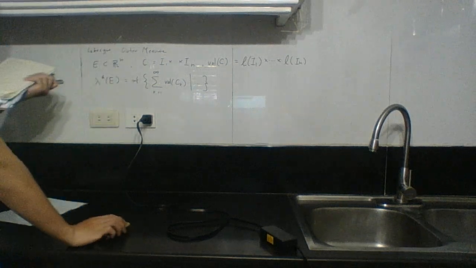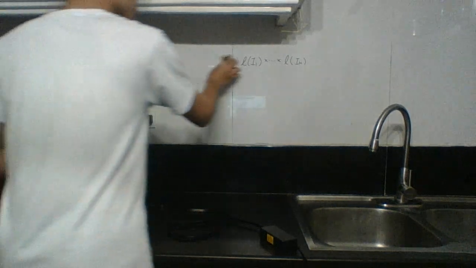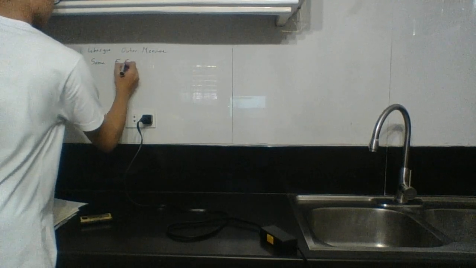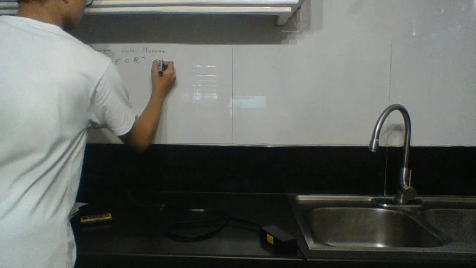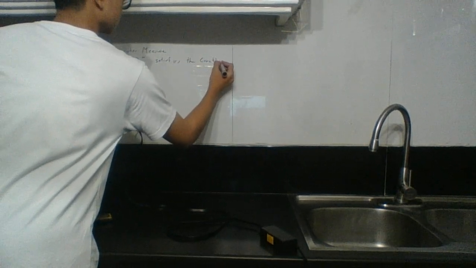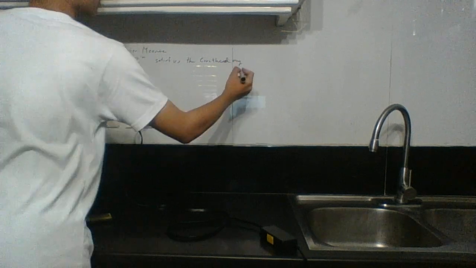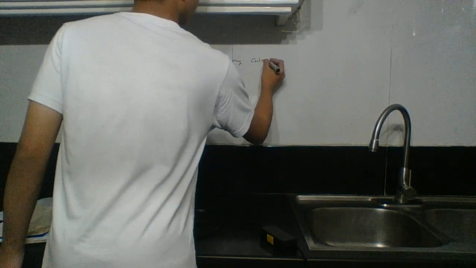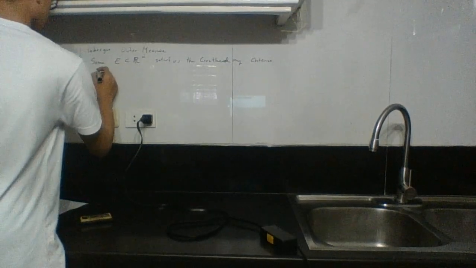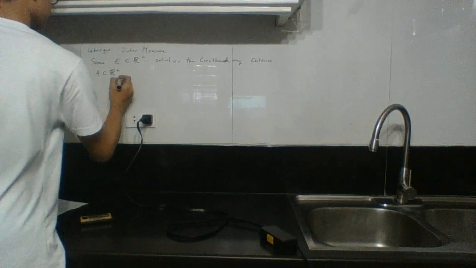Now, lastly, we want to state that there are some subsets E of R^n that satisfy something called the Carathéodory criterion. What I mean by that is that if I have another subset A inside R^n, it must hold.